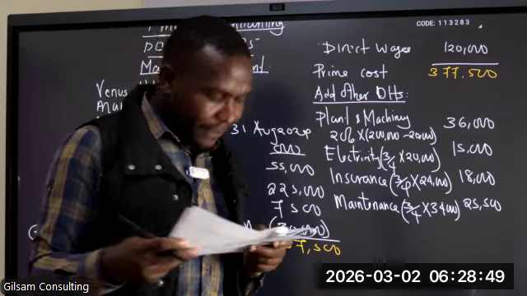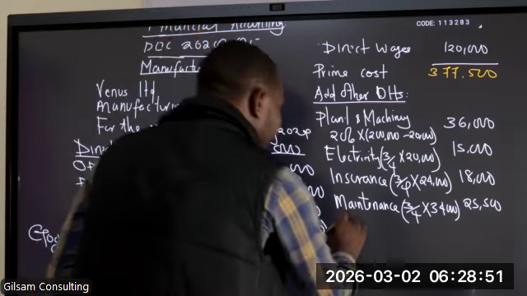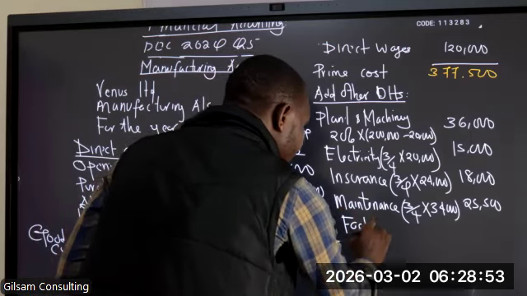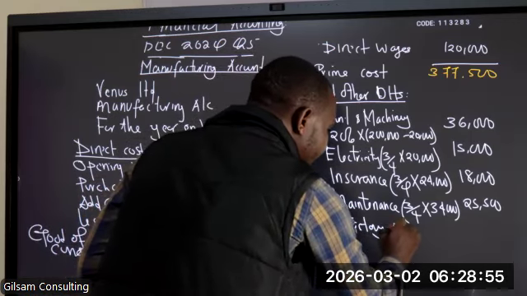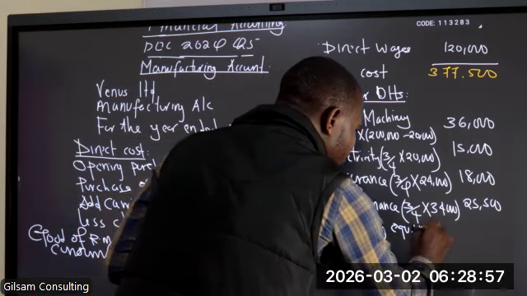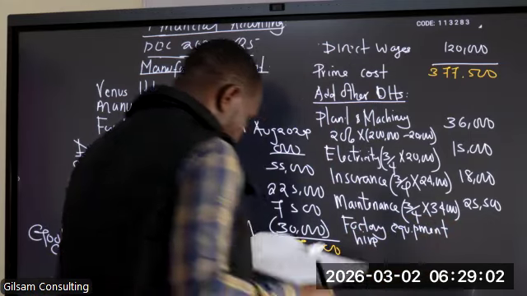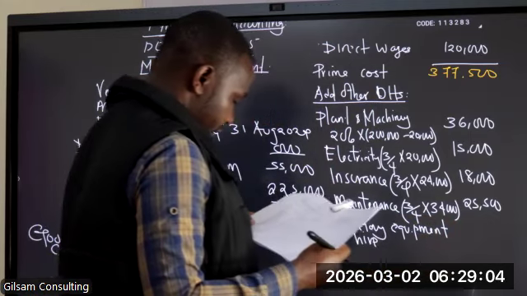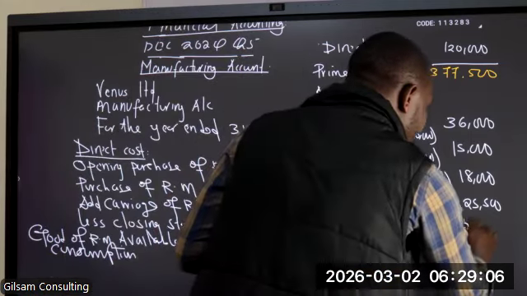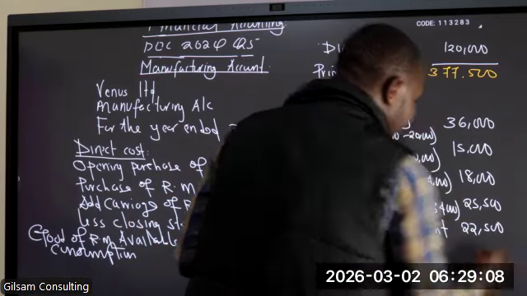Factory equipment hire. Factory equipment hire of 22,500.